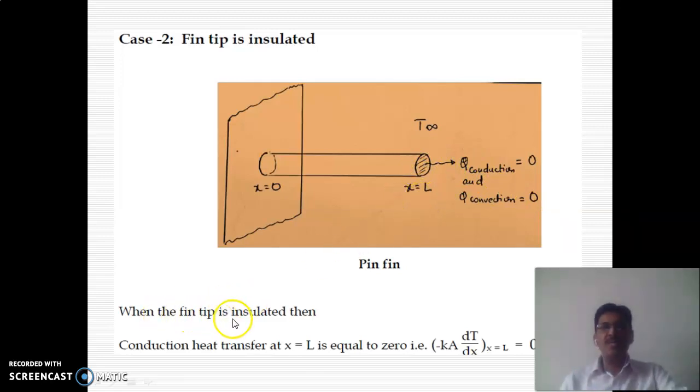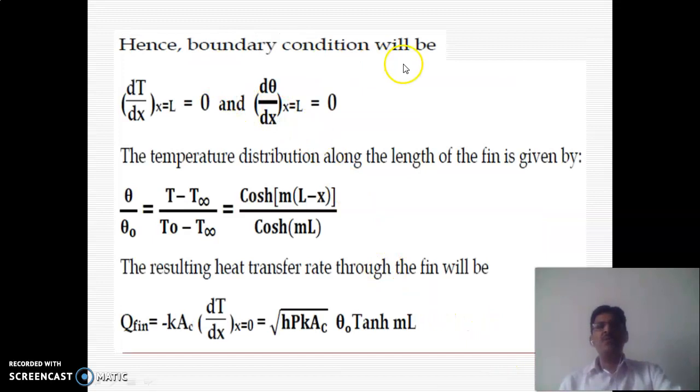When the fin tip is insulated, the heat transfer at x is equal to L is equal to 0. That means KA dT by dx, according to Fourier law of heat conduction, is equal to 0 at x is equal to L. Hence the boundary conditions will be dT by dx at x is equal to L is equal to 0, and d theta by dx at x is equal to L is equal to 0.